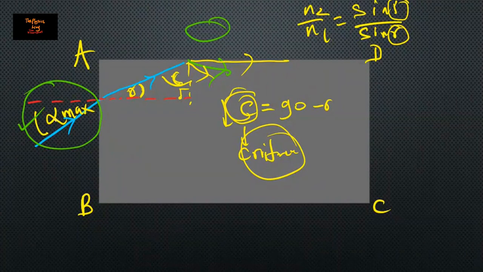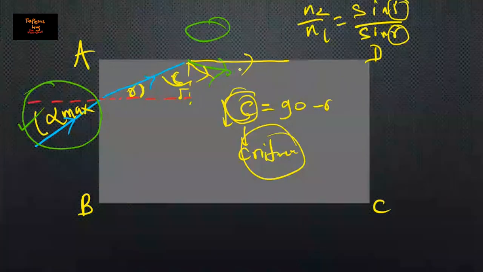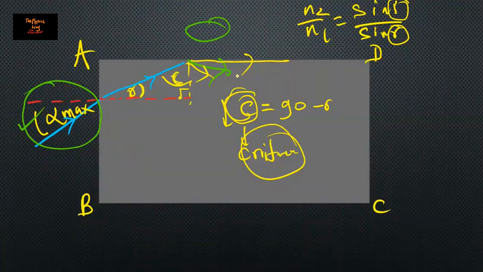If alpha is lesser than this value, then this angle is smaller and C is higher, so it will undergo total internal reflection for other angles. Now, to find this alpha max we have to start from C, the critical angle.